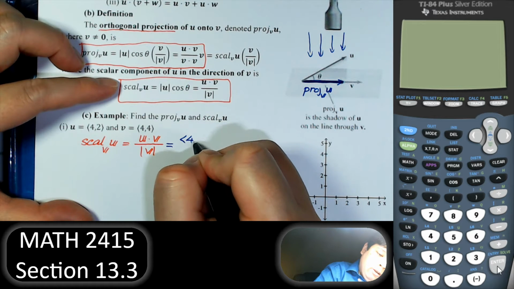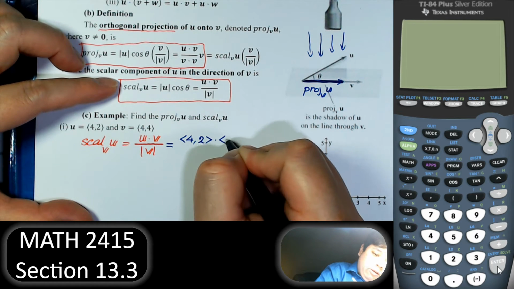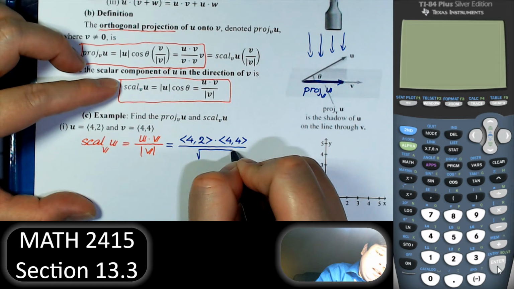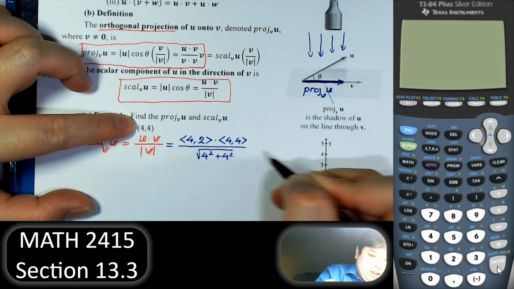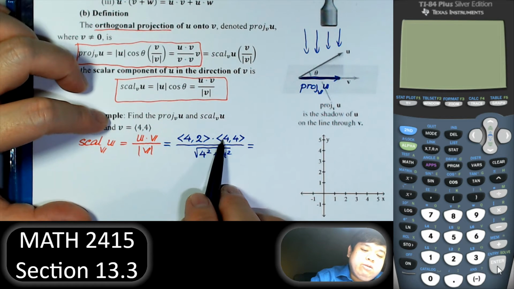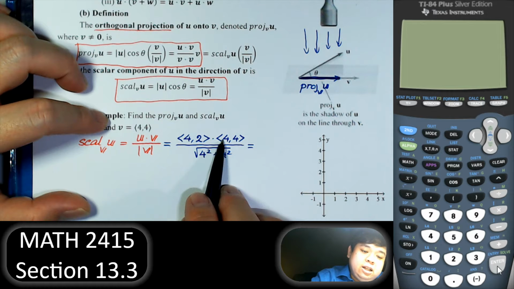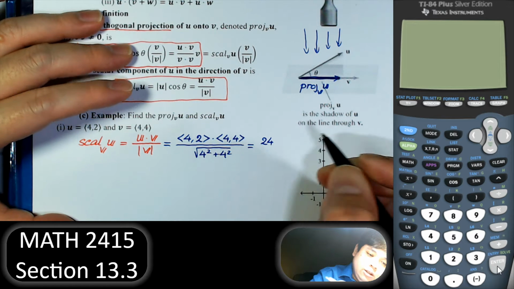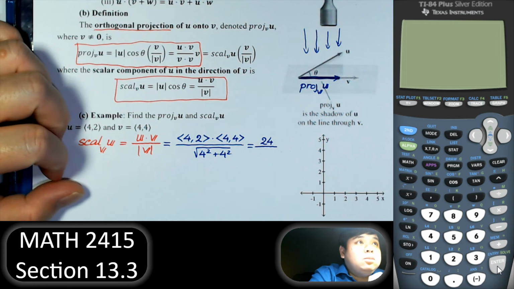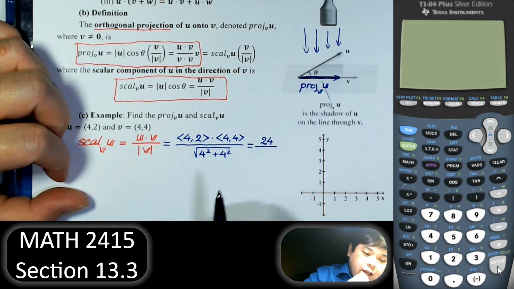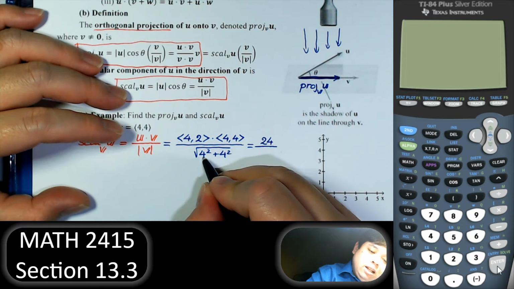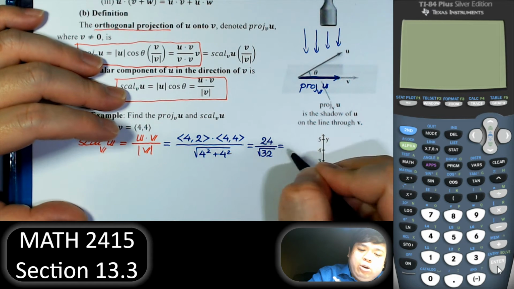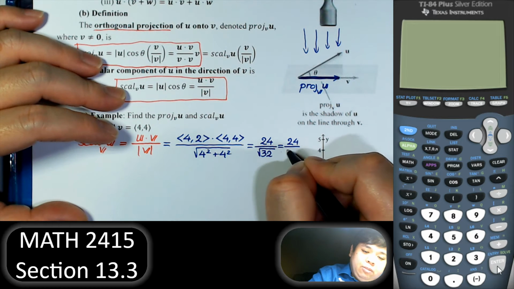So we have (4, 2) dot (4, 4) over the magnitude of v, which is the square root of 4 squared plus 4 squared. 4 times 4 is 16, 2 times 4 is 8, so it's 24. Then the square root of 16 plus 16 is the square root of 32, which we can rewrite as 4 square root of 2.